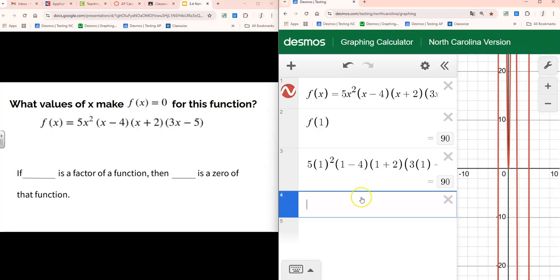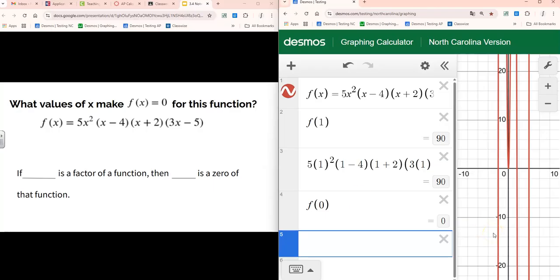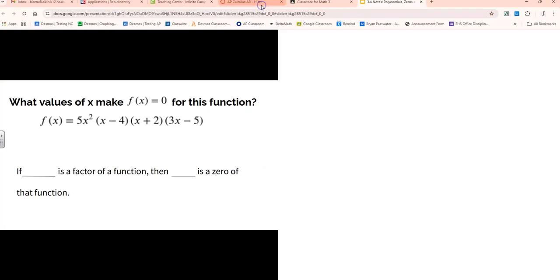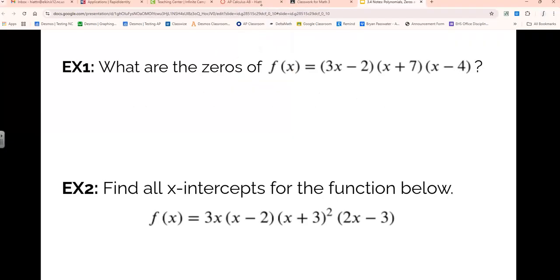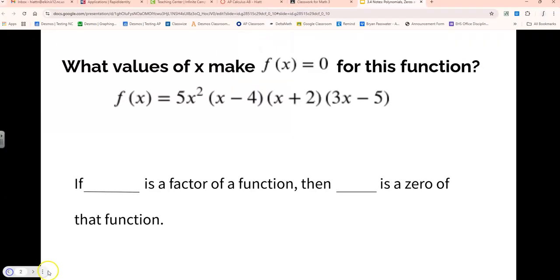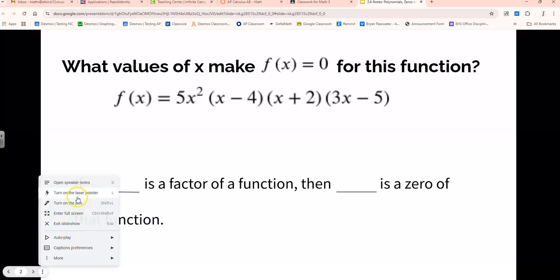Zero, okay. So if you do f of 0, that gives you 0. So 0 is one of the options. While we definitely can use Desmos for this, one of the things we're thinking about is how to do this by hand.